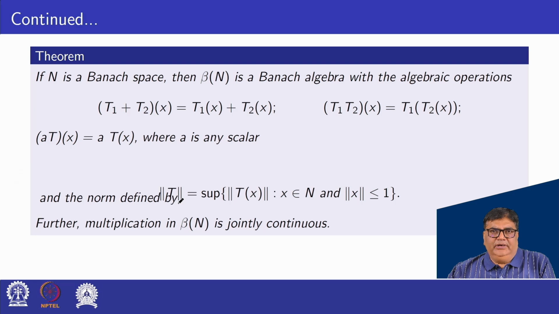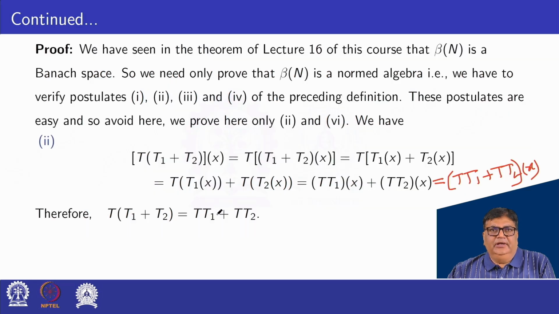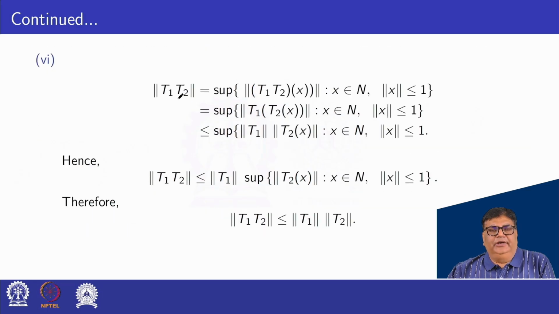So here, at the place of T, we take T1T2. So norm T1T2 can be defined as the supremum of norm T1T2x such that x belonging to N and norm x less than or equal to 1.